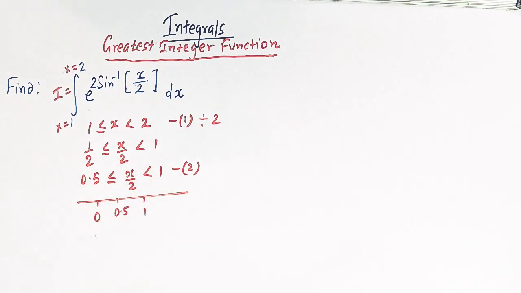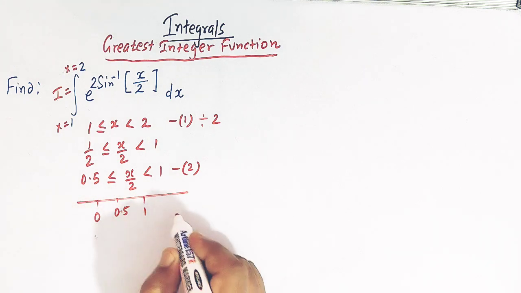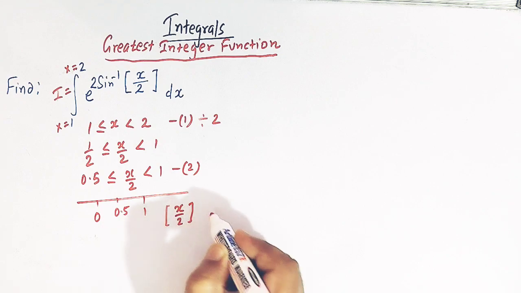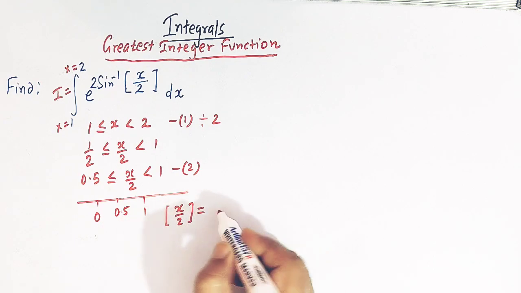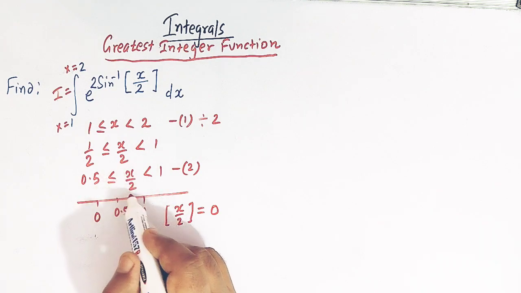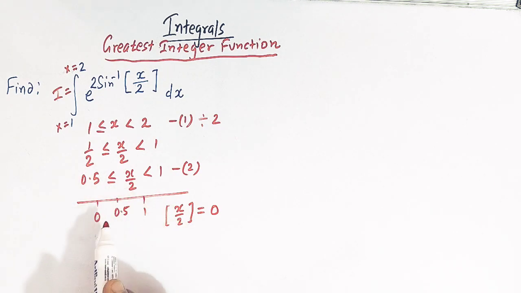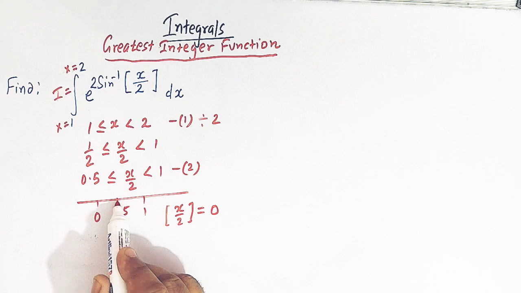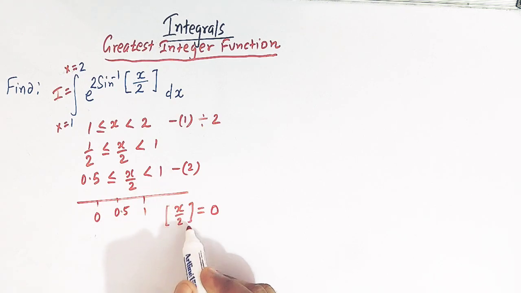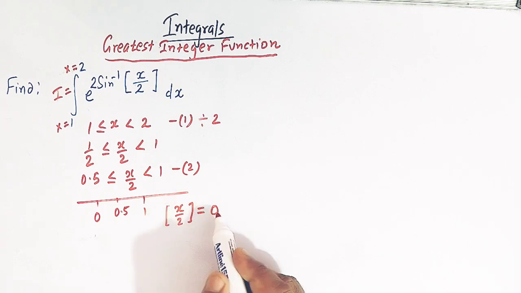And from the definition of the greatest integer function, we can claim that the greatest integer of x over 2 must be equal to 0, because for any value of x over 2 which lies between 0.5 and 1, the greatest integer of that value must be equal to 0.